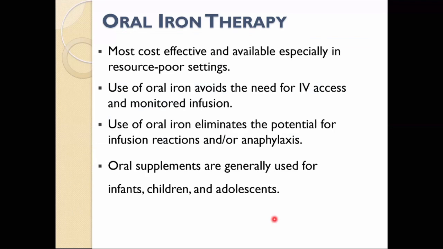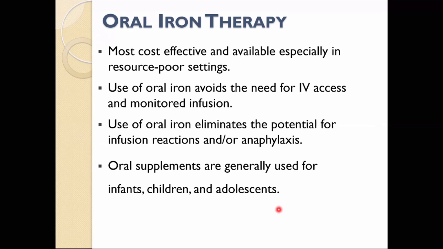So oral iron is the most cost-effective one available, and it's available even in resource poor settings. When you use oral iron, it will avoid the need for any IV access, avoid the need for IV infusions, and avoid the need for monitoring.